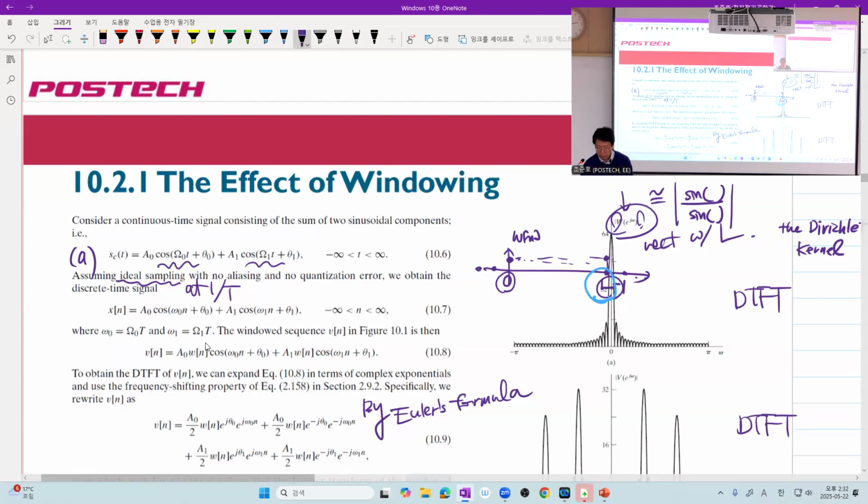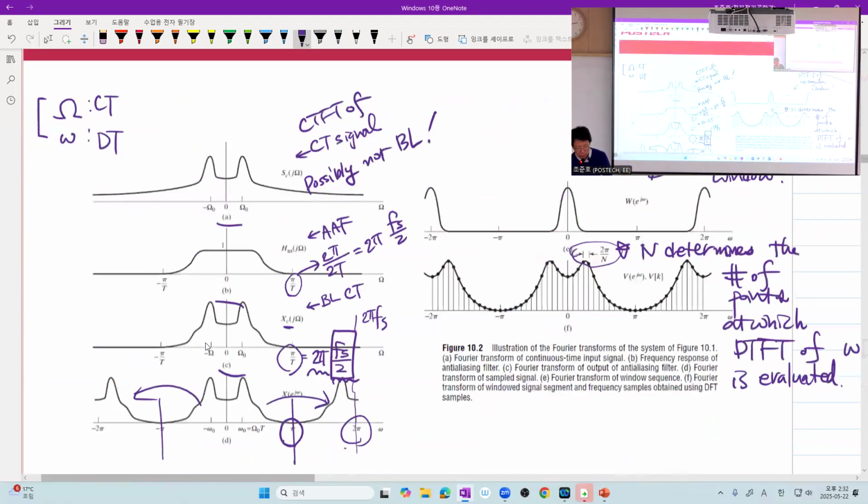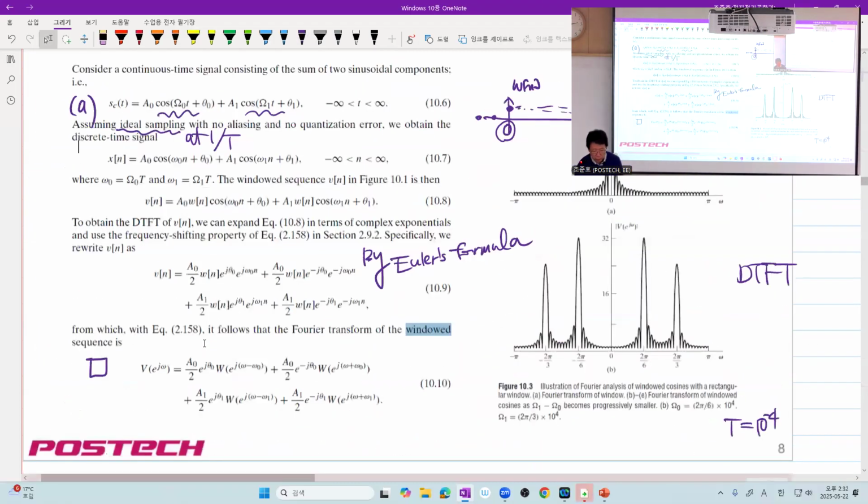Yeah, so there is no B. C. Yeah, C part is x of n, right? D part, D. Okay, so this corresponds to D, and the window is E, and this is F. Got it?